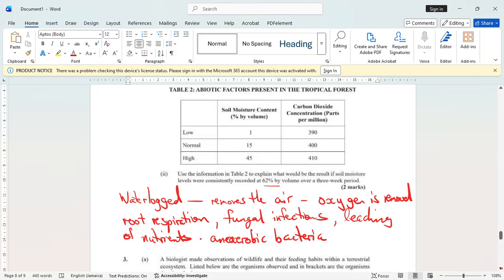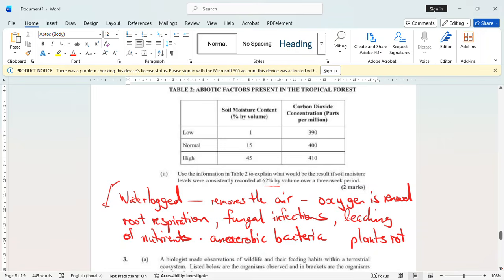So that in itself is going to also lead to a depletion of the nutrients again. So all of this is going to be happening. Plants can also rot. And also they can end up dying.